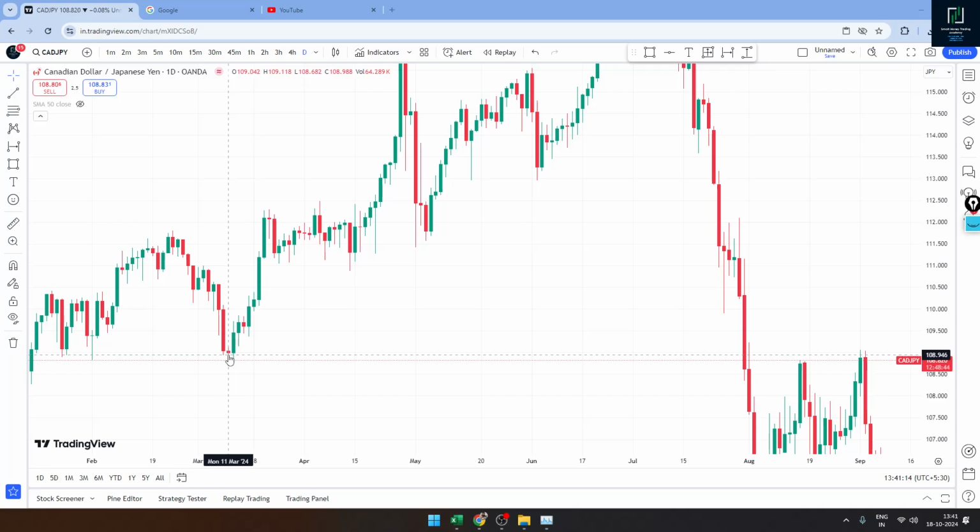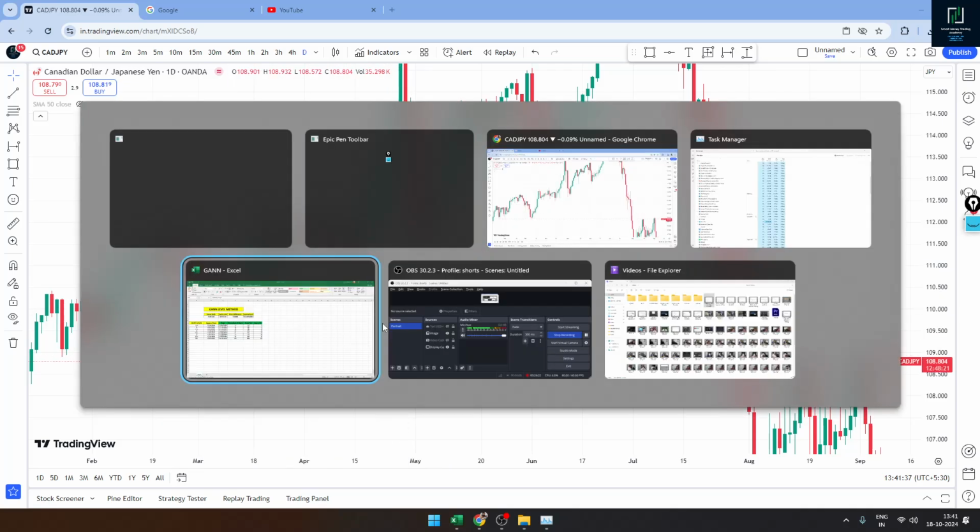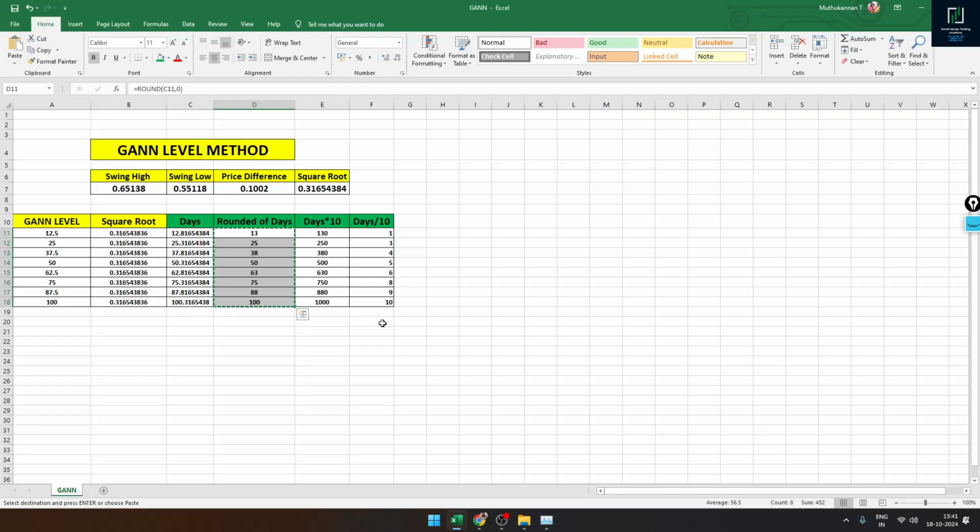I'm getting 108.628. If you are wondering where I'm reading this number, if I bring my cursor here, you will get the open, high, low, close data. I'm taking this number as the low and this number as the high. Let's go to the Excel sheet. Swing low is 108.682, I think.